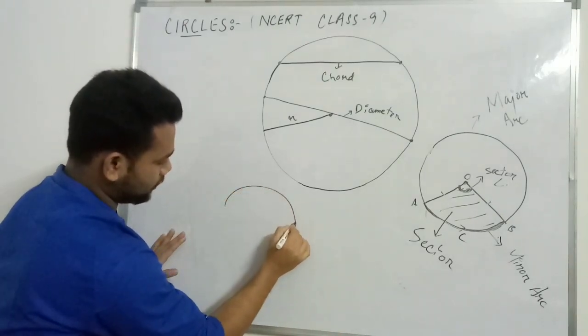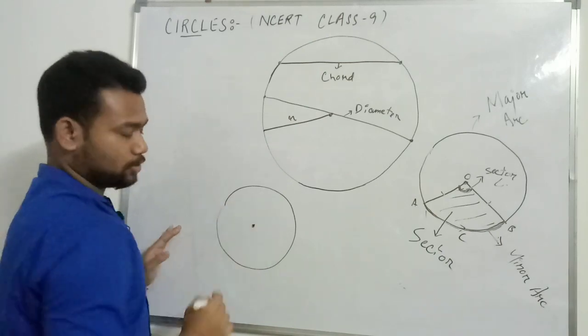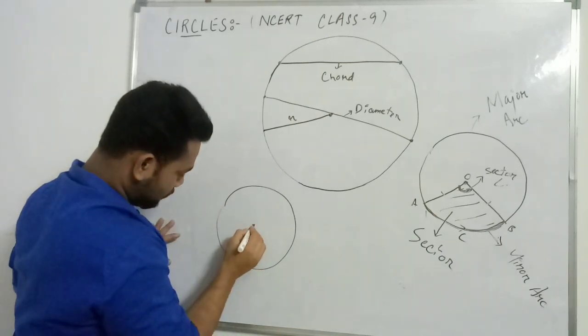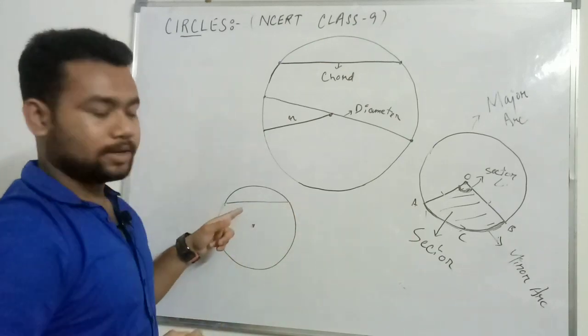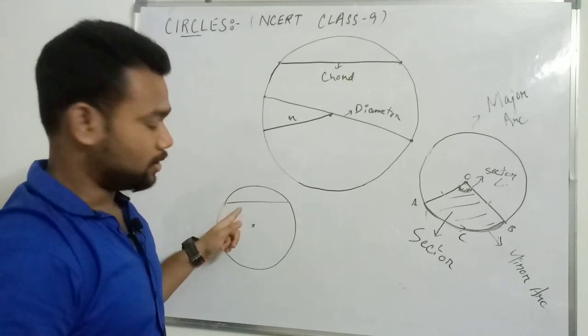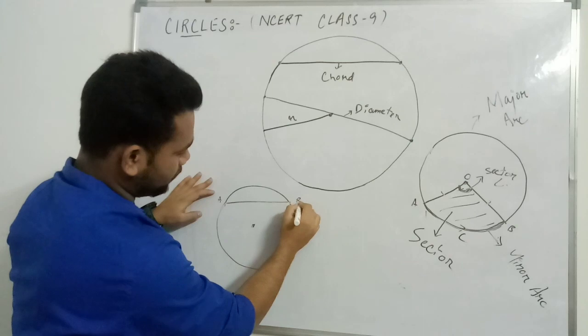And thirdly, still one is left out. If we draw another circle, suppose, I'm not so good at drawing, so let's take a chord AB. Got it?